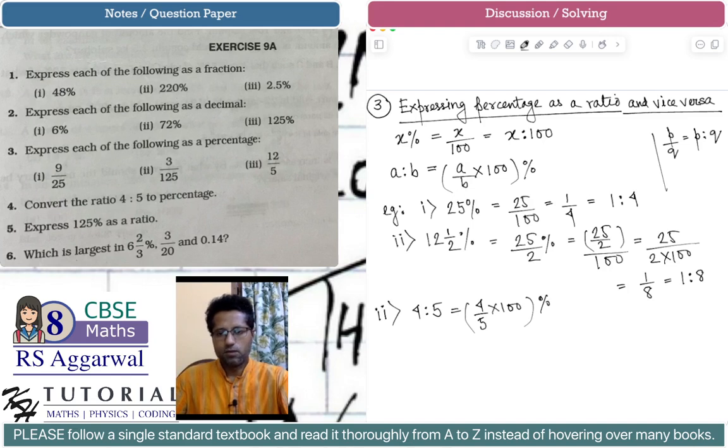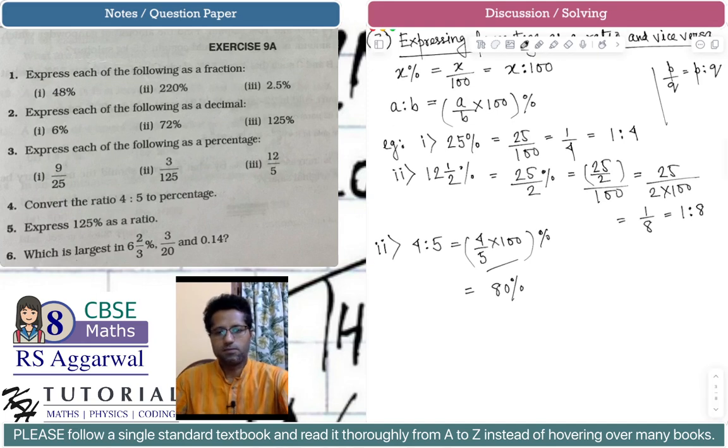Now you have to simplify this. 4 by 5 into 100 is 80. So the ratio 4 is to 5, when expressed as a percentage, is 80 percentage.